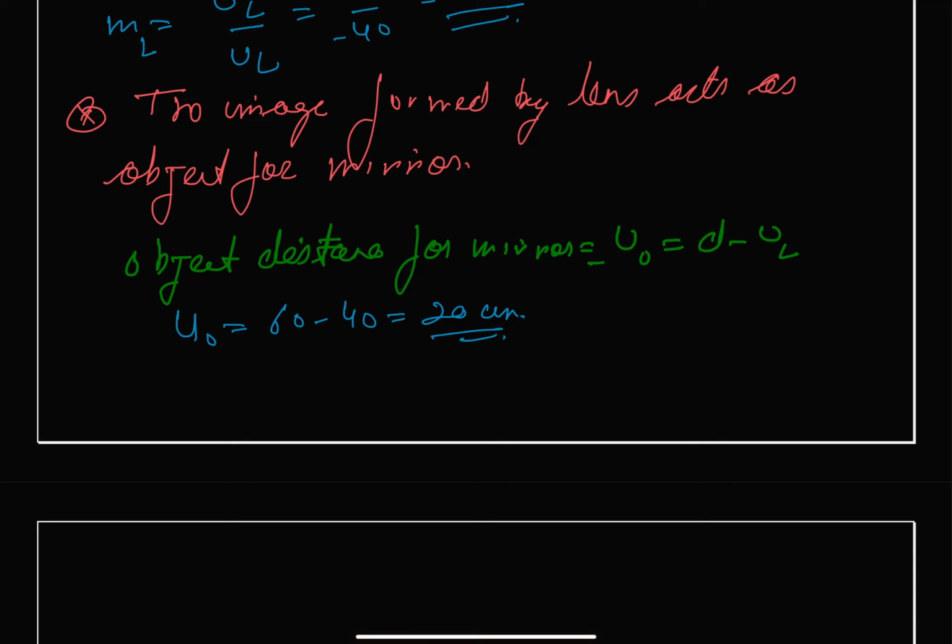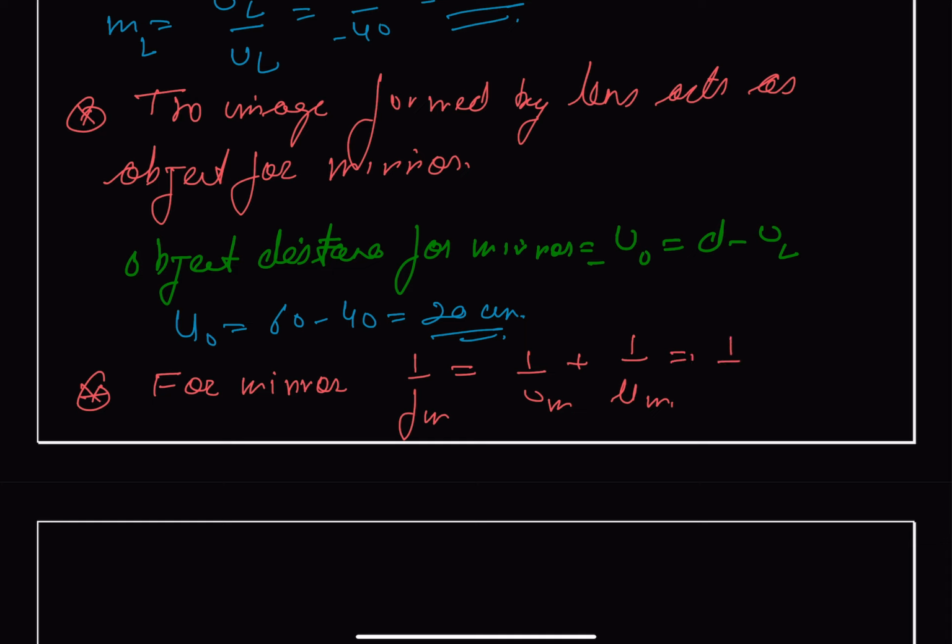Now we can use the mirror formula. For the mirror we have 1 upon Fm is equal to 1 upon Vm plus 1 upon Um, and we need to find Vm.